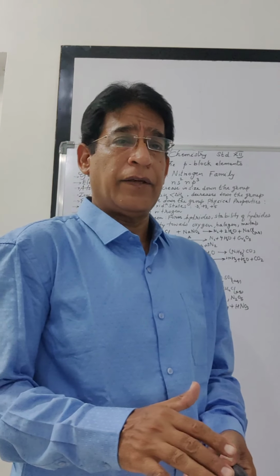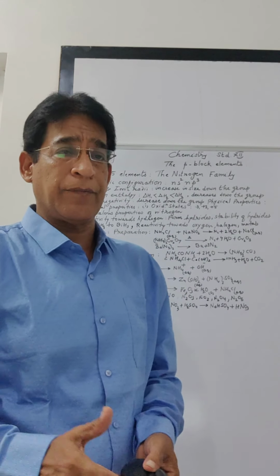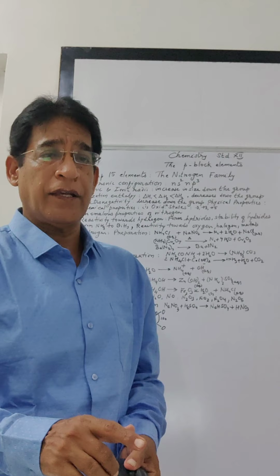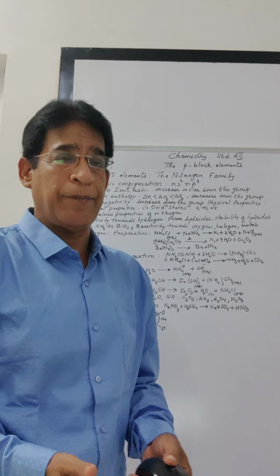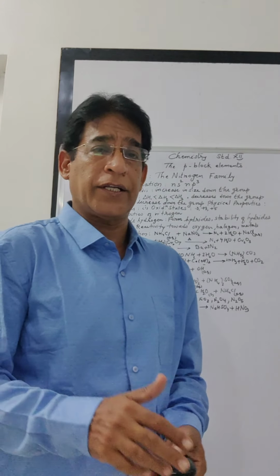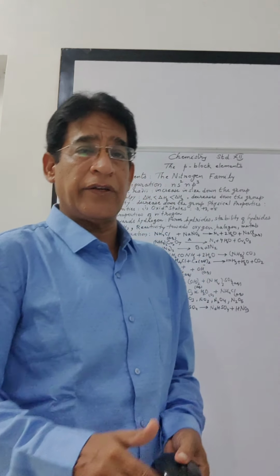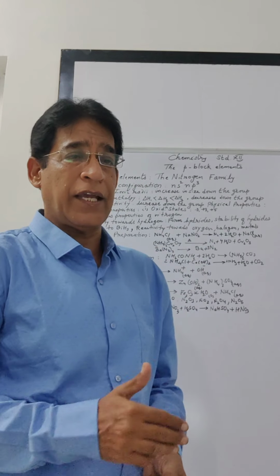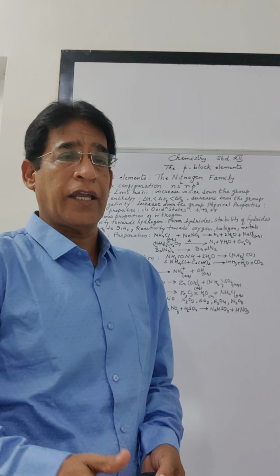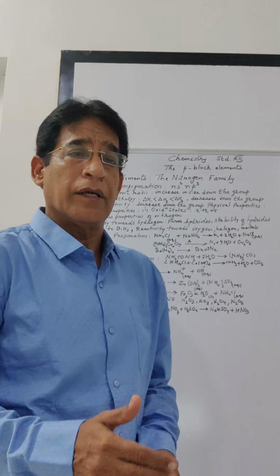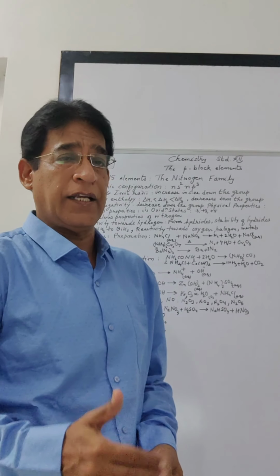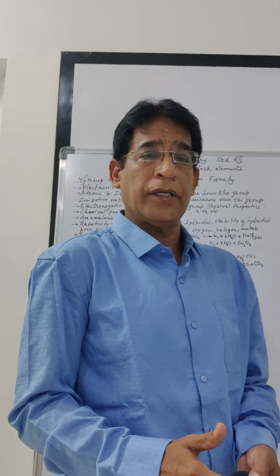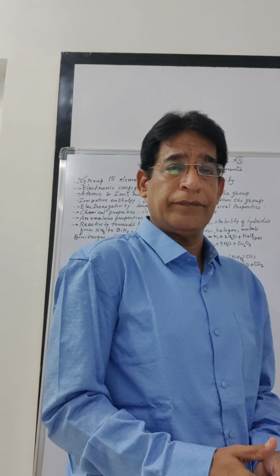Nitrogen exists as a diatomic molecule with a triple bond, one σ and two π bonds between the two atoms. Consequently, its bond enthalpy is very high. On the contrary, phosphorus, arsenic and antimony form metallic bonds in elemental state.